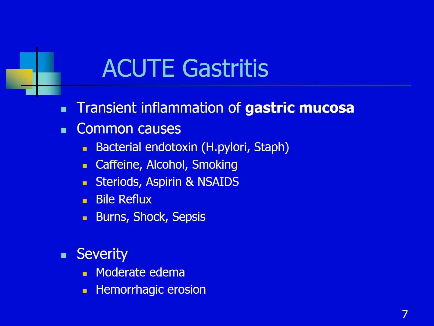Aspirin and NSAIDs are very commonly used drugs over the counter. Bile reflux, or clients that are burned, in shock, or sepsis. And it can be based on severity, from moderate edema to the point where someone really has some hemorrhaging and erosion.